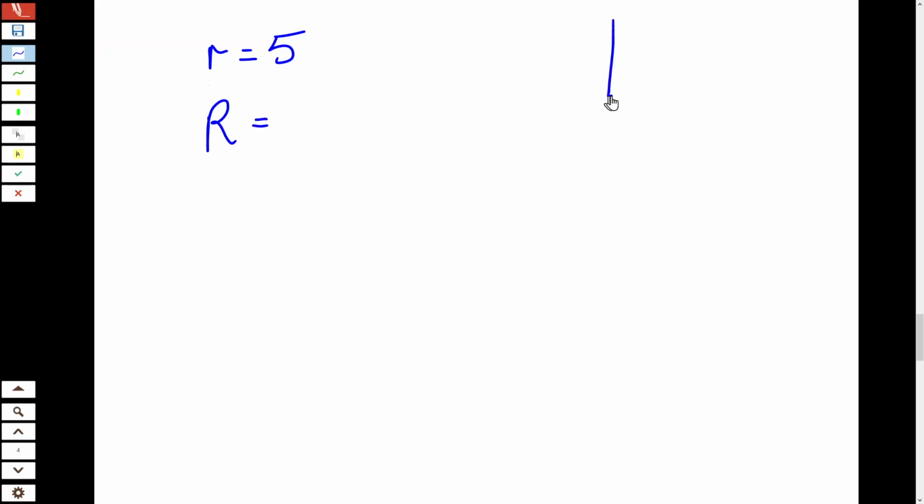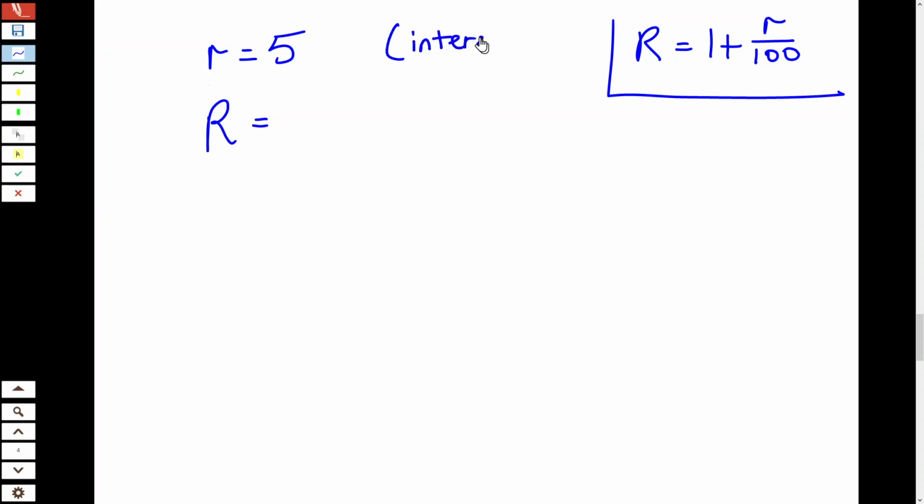Yeah, so this is a formula that you need to use. Lowercase r represents the interest rate. Uppercase R represents the ratio, or the number that we will multiply by in the sequence.